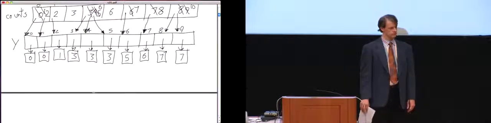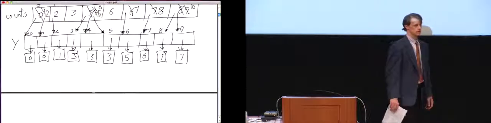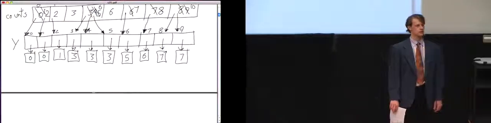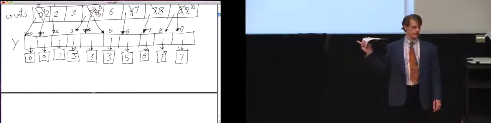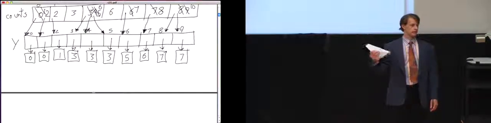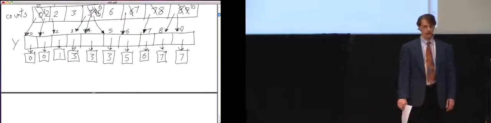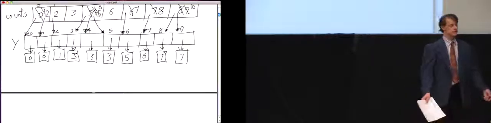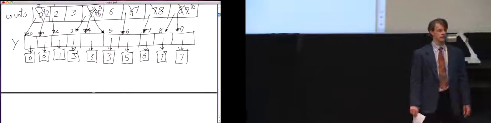O of Qn? I don't. It's definitely possible to have repeated items. But yes, it's possible for n to be bigger than q when you have lots of repeated items.